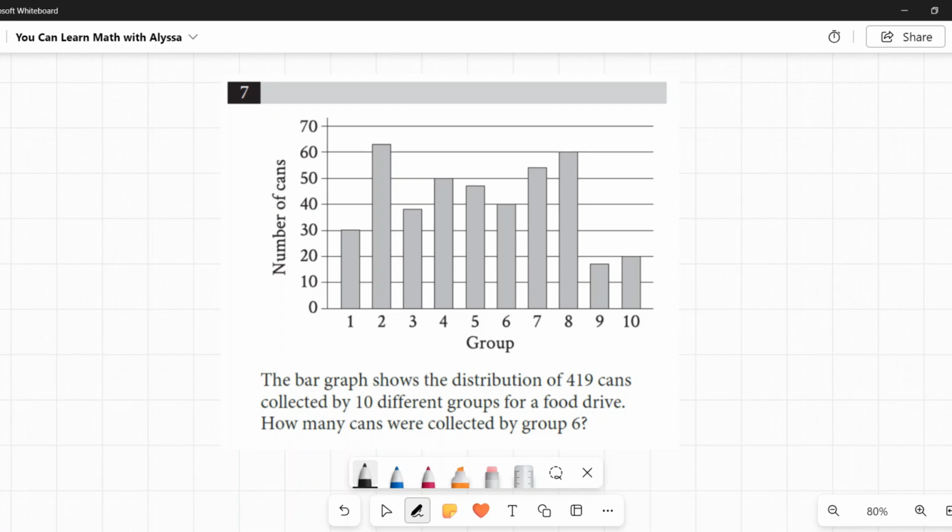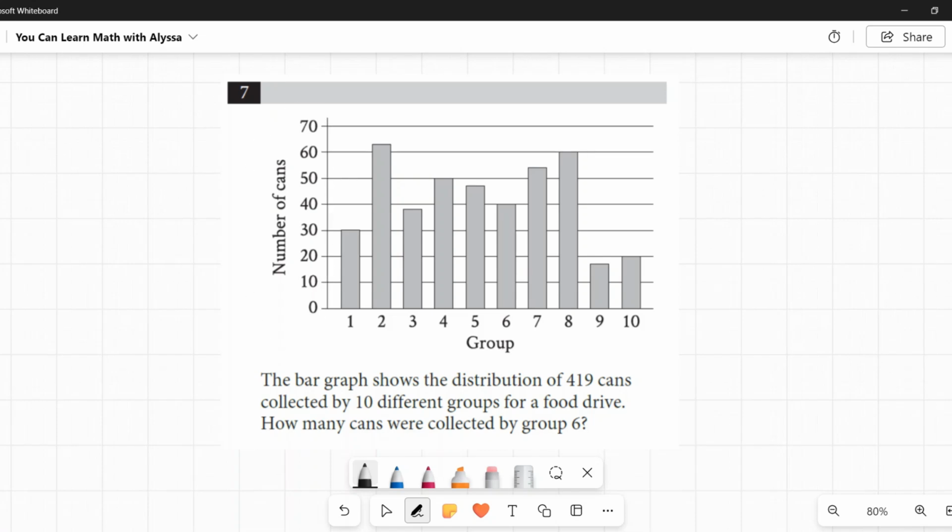Again, that is not present here, but it's something that they like to do, and you might see that on the actual SAT. So please be mindful and careful that you know exactly what these numbers on the side are representing. So here it's just straightforward.